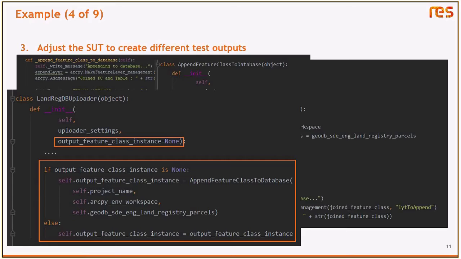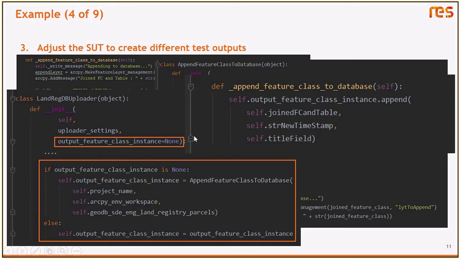Now that we've actually got that output feature class instance member variable, we can change the append feature class to database function that we started off with. We can now change that so all it does is it calls the append function on that member variable, passing across the relevant details.